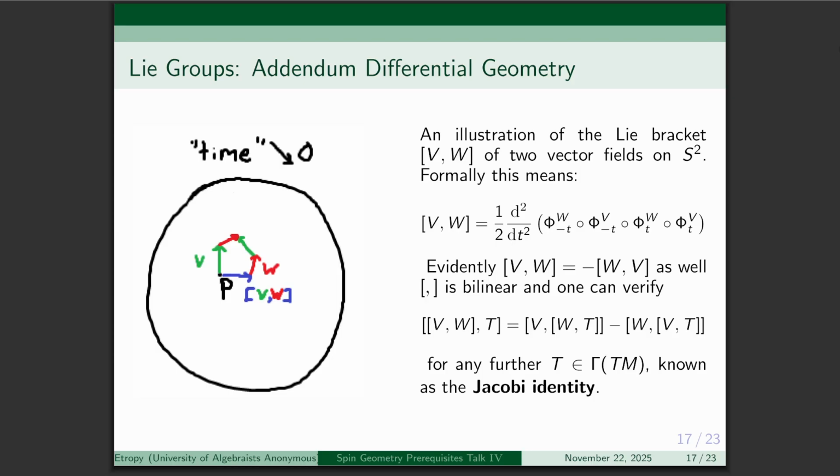And also this is clearly bilinear. If you scale all your vectors, everything's going to get scaled. And you can verify this scary looking thing, called the Jacobi identity. One way to memorize this is not in this form, but you can remember that if you fix the brackets in place and permute in a cycle the three entries you have, then sum everything up, you're going to get 0.